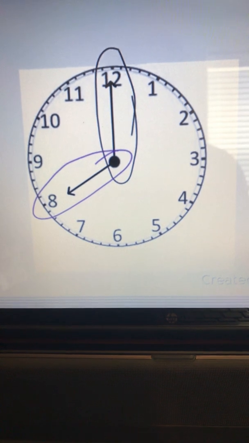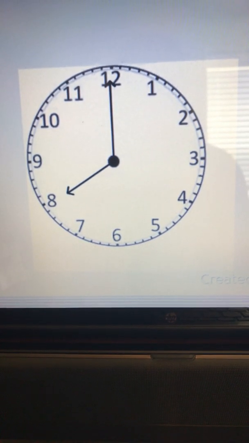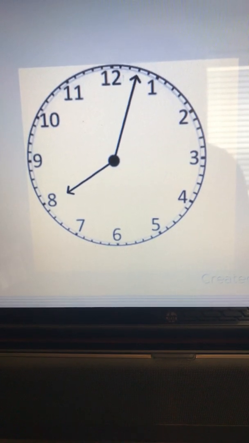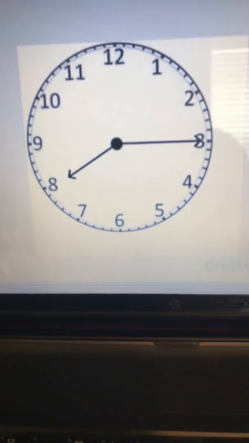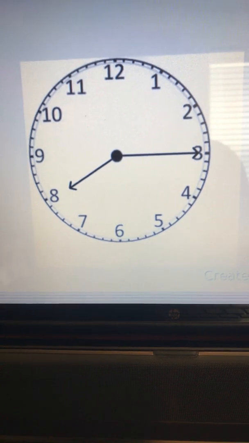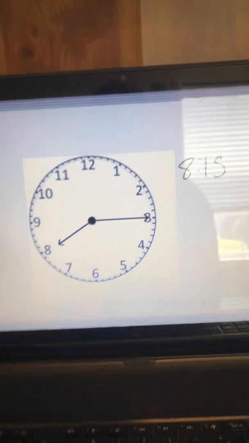Now I'm going to move the minute hand on my clock. Okay, so it started at the 12, and now we're going to move it to this time. So what time is it here? So this time it is now 8:15. 8:15.